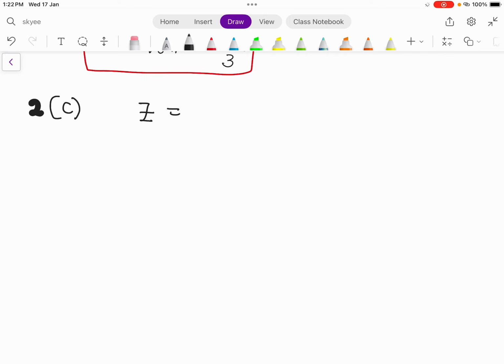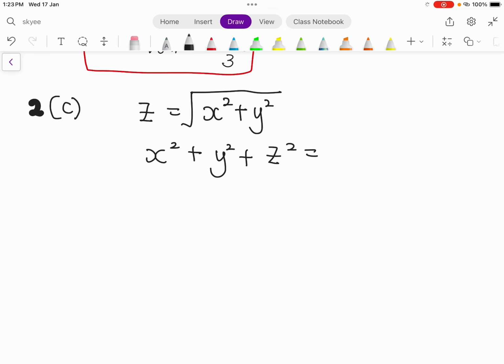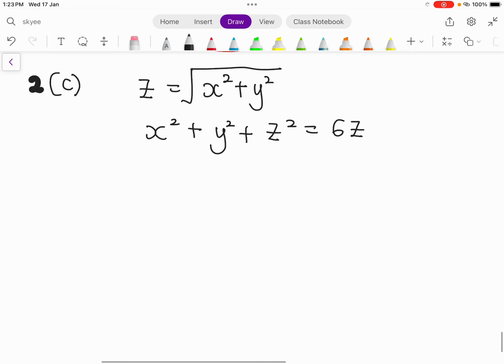For the cone, it is this equation. And for the sphere, maybe I write it this way: x squared plus y squared plus z squared equals 6z. Let's draw these two solid 3D graphs together.